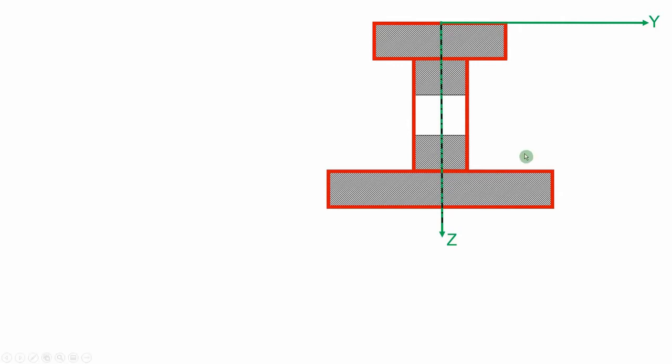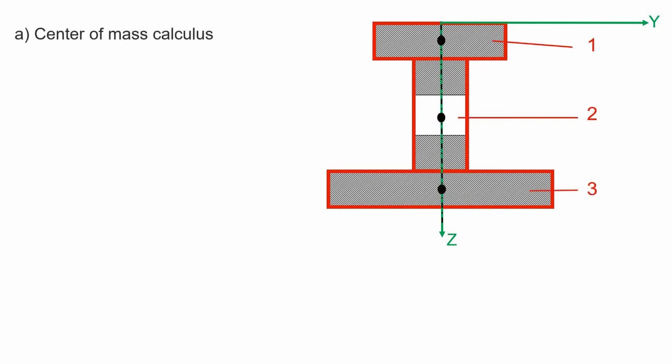After this step, the next one is to point out every center of mass of the resulted rectangles. Now for each rectangle we will calculate the area and the coordinates of the center of mass relative to the coordinate system drawn previously.